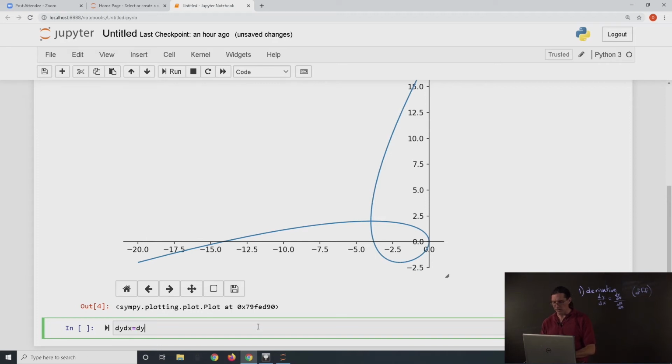So dy dx is equal to diff of yt with respect to t divided by diff xt with respect to t. So the derivative of the yt term with respect to t and the derivative of the xt term with respect to t.